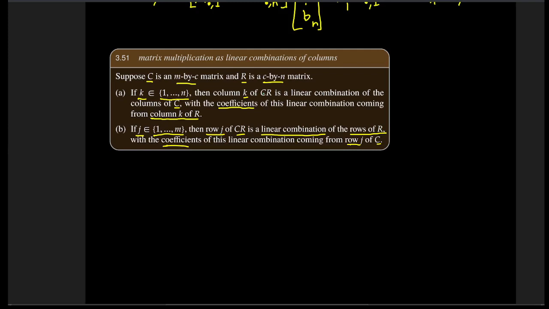Does that make some sense? Try to think of it like that. Columns correspond to the first spot, rows to the second spot here.